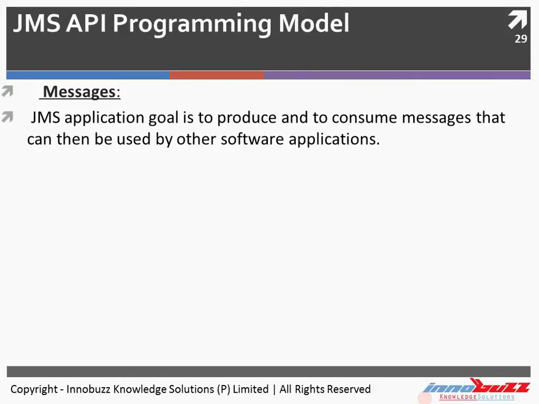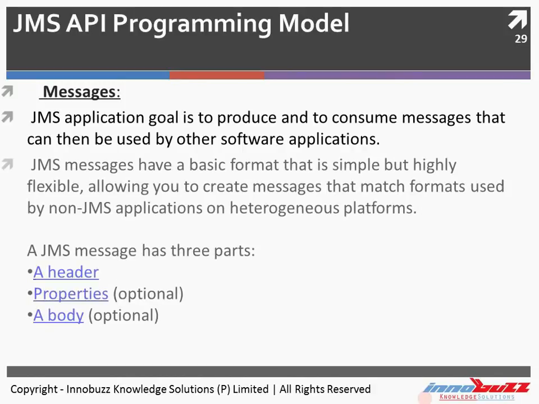Therefore, these messages can also be used by other software applications. The messages have a basic format that is simple and highly flexible, allowing you to create messages that match formats used by non-JMS applications on heterogeneous platforms.